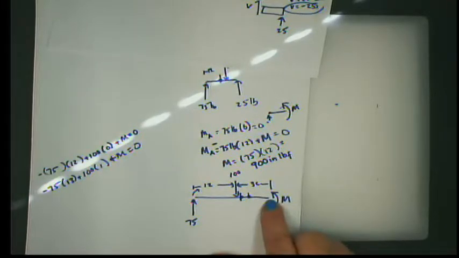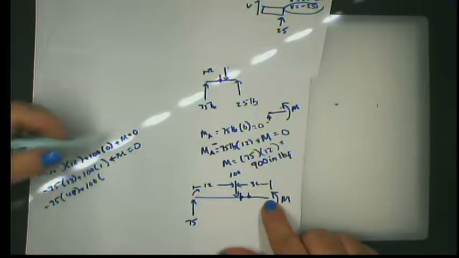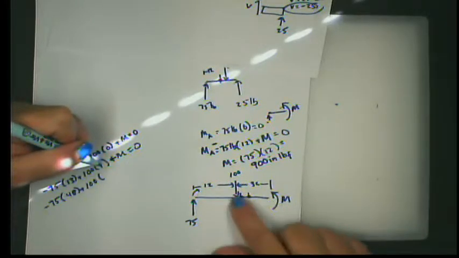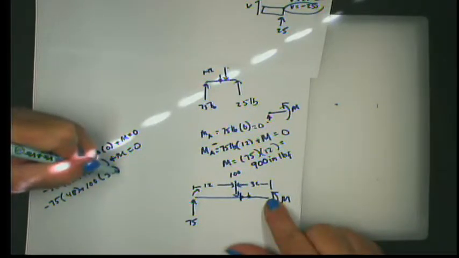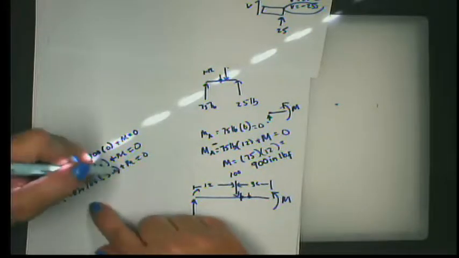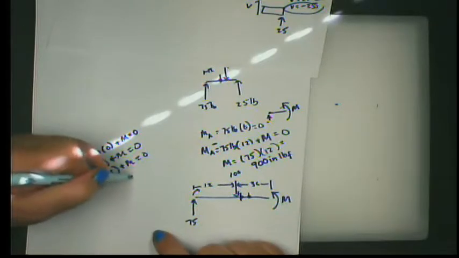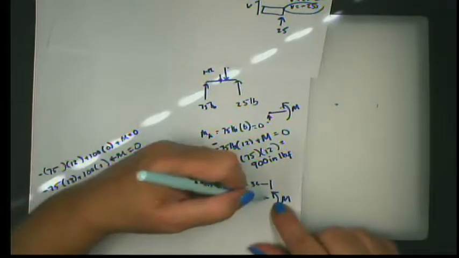And I can go on clear to the end of this, where I have minus 75 times the entire length of the beam, which is 48 inches, plus 100 times this distance, which is 36, plus m equals 0. And if you do the math on this, you'll find out that these have the same magnitude. They're both 3,600, so you get m equals 0 at the end of the beam.